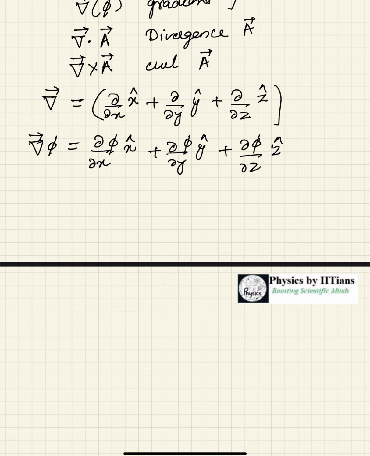Then if you want to find the divergence of any vector A, let me first define the vector A. Vector A is ax x cap plus ay y cap plus az z cap.